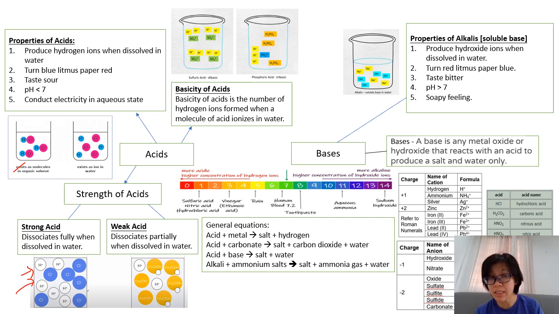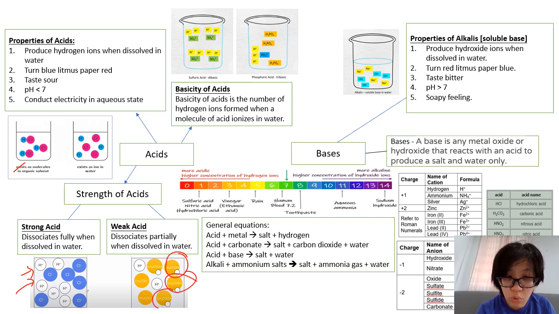However, for weak acids, they only dissociate partially when dissolved in water. It means not all the acid molecules will dissociate into its H plus and the other ion. So for example, here you can see that these 4 acid molecules did not dissociate at all.